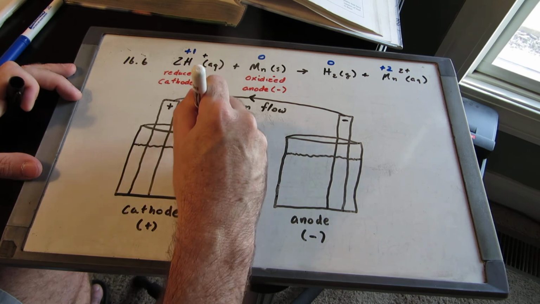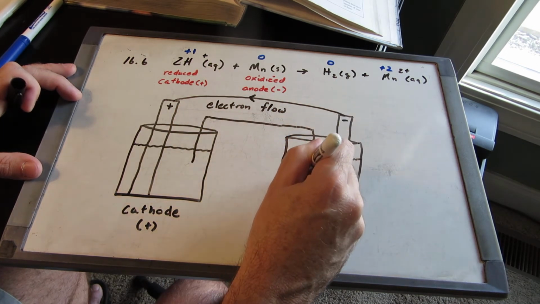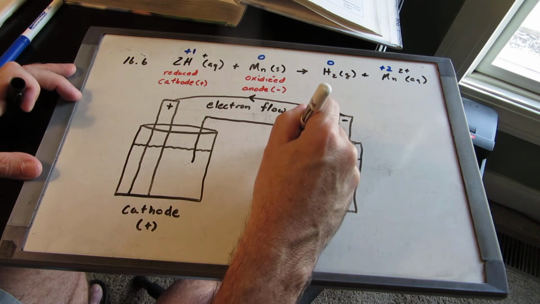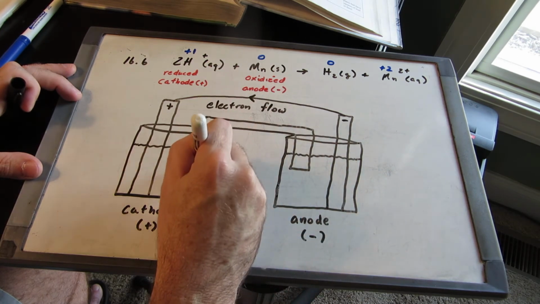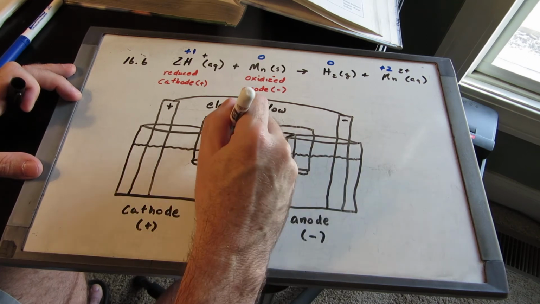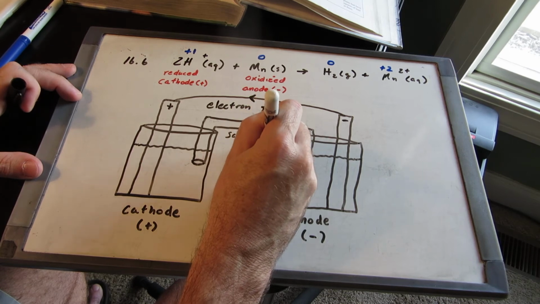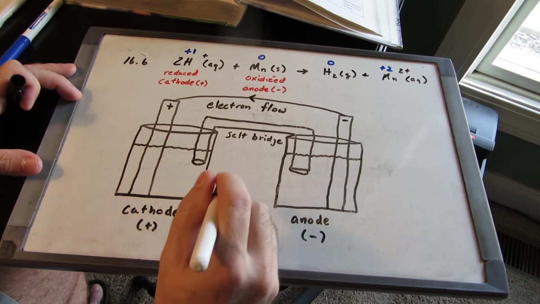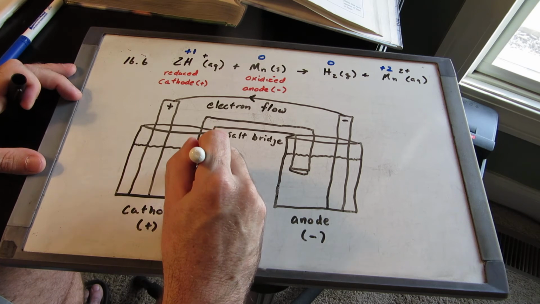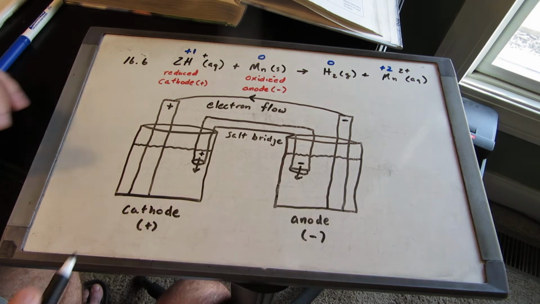Salt bridge is just a tube, and the end of the tube needs to go below the top of the solution. Salt bridge is just a source of ions. So it would put positive ions to this side to keep it replenished and negative ions to this side.